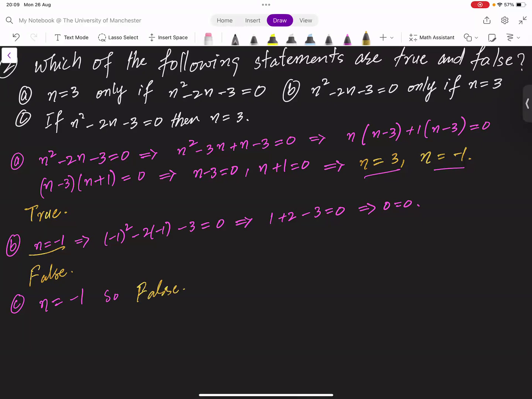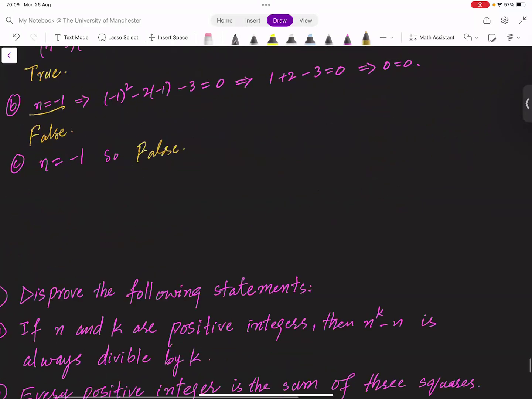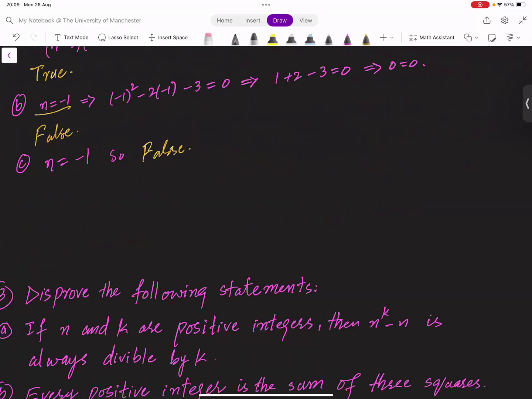Okay. Now there is part D, which says that for integers a and b, ab is a square only if both a and b are squares.